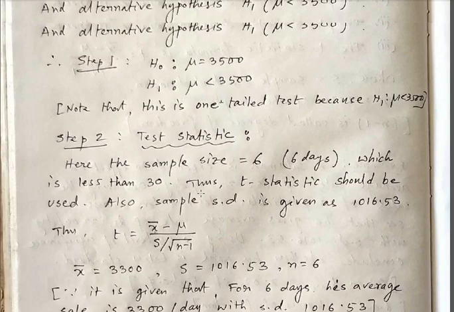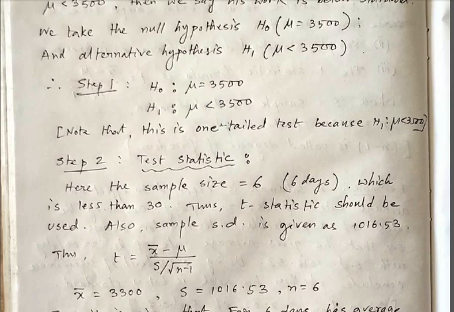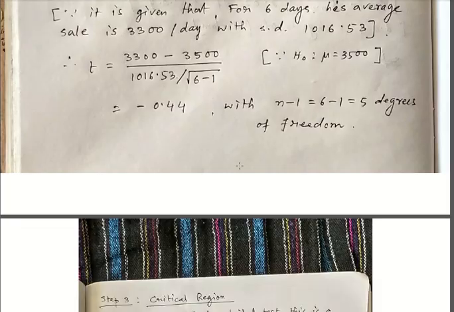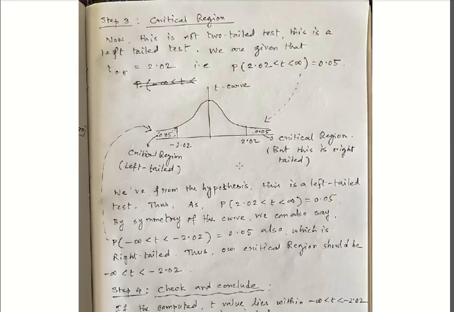So now look at this. Our test is a left tail test. Less than sign means it is a left tail test. That is, our critical region will be on the left side. Now come to this figure. Now we have to set the critical region here. This is a one tail test, not a two tail. So look at this, our critical region, and it is given that probability t is 0.05 equal to 2.02.